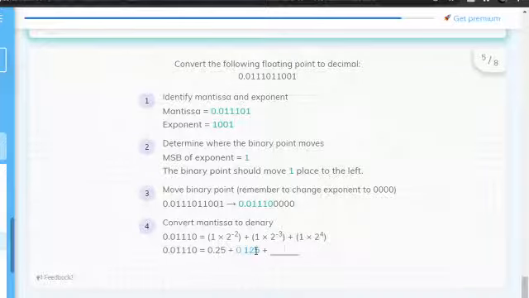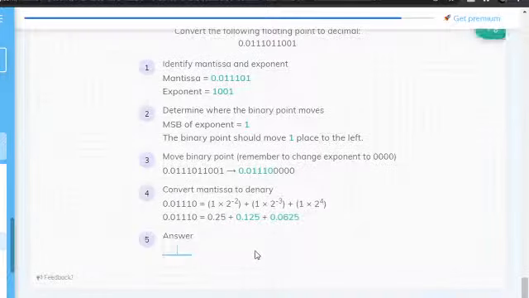And this one would be 0.0625. Then the answer would be 0.25 plus 0.125 plus 0.0625, which would be 0.4375. Yes, it would be.